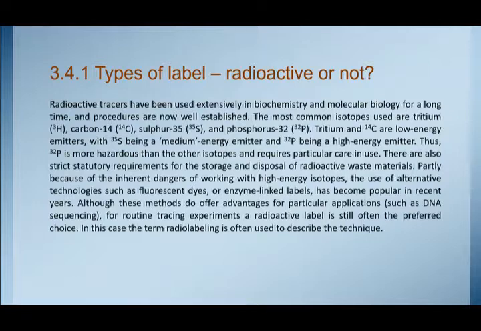Types of label, radioactive or not. One way of tracing DNA and RNA samples is to label the nucleic acid with a radioactive molecule, usually a deoxynucleoside triphosphate or dNTP, labeled with tritium or phosphorus so that portions of each reaction may be counted in a scintillation counter to determine the amount of nucleic acid present.